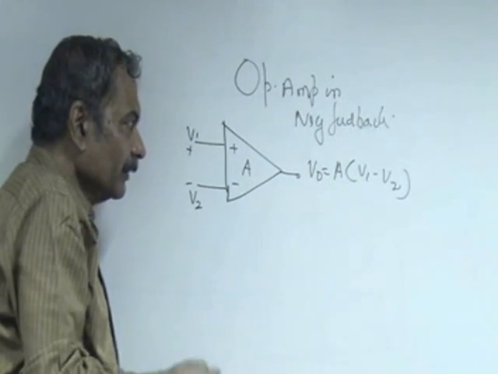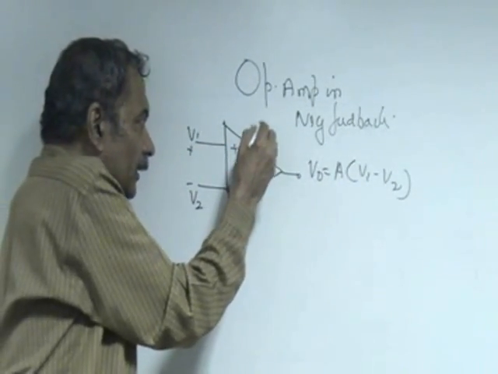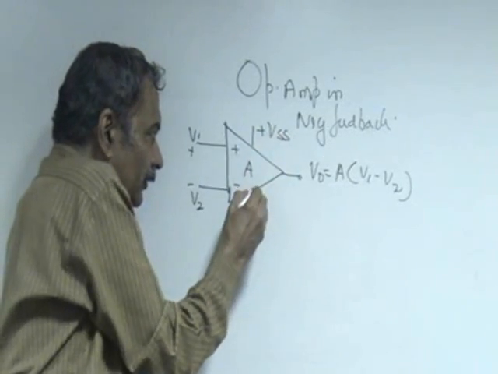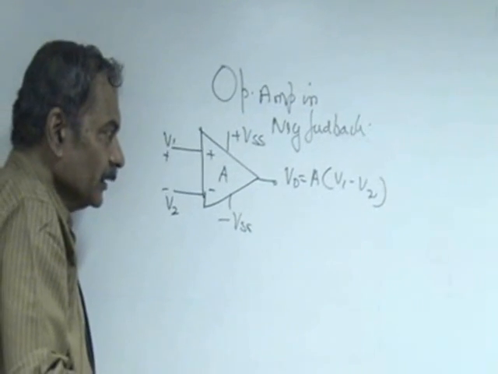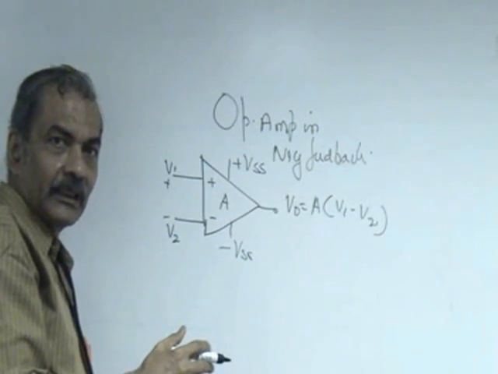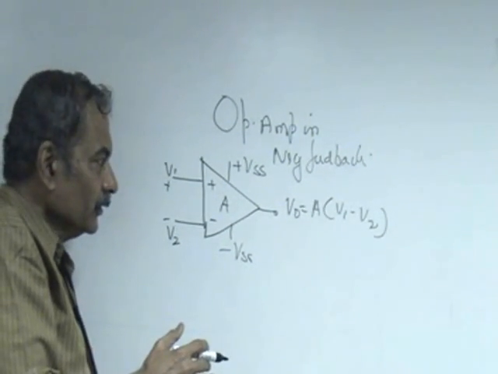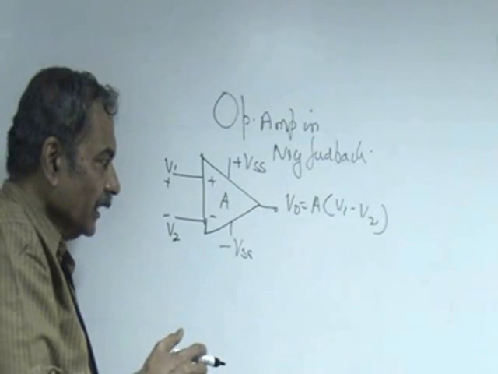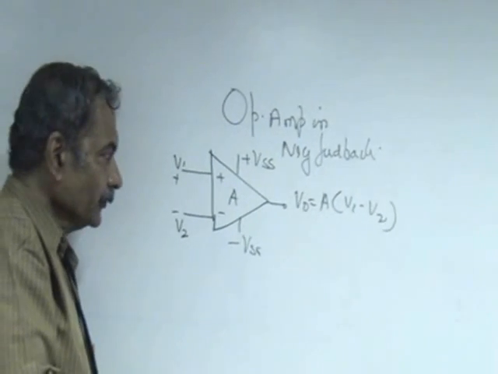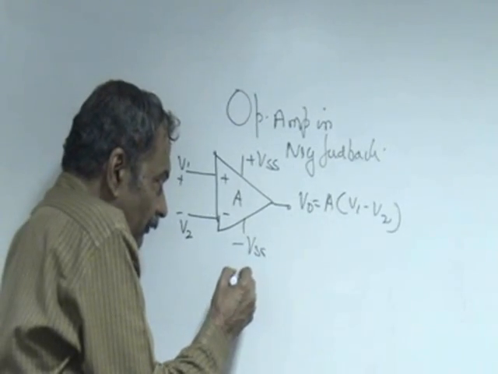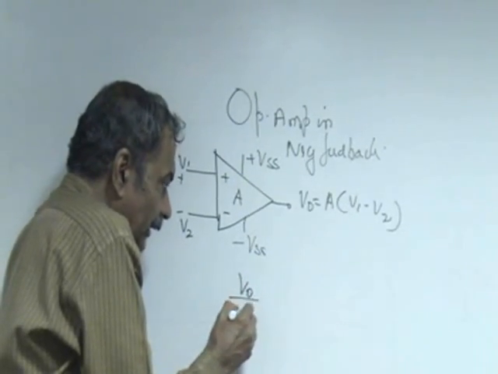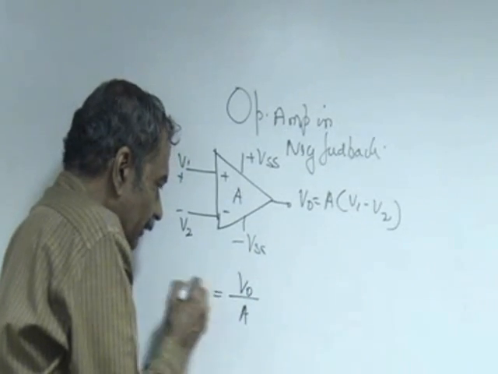A is called the differential mode gain, and it is biased by dual supplies plus VSS and minus VSS, so that the output quiescent voltage is designed to be zero, or it has zero offset when the input is zero.